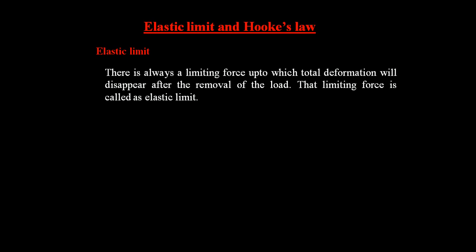So up to a certain limit of the force that we are applying, the body can regain its original shape after the removal of the force. Within that elastic limit, after the removal of the load, the body regains its original shape. That means the body acts as an elastic body. Beyond that value, the body becomes plastic. That limiting position is called the elastic limit.